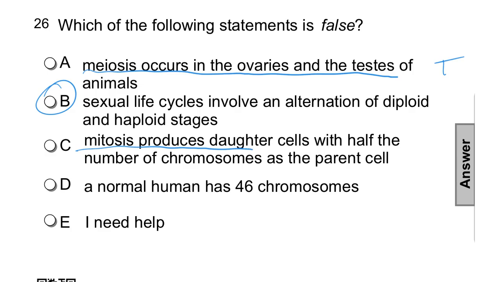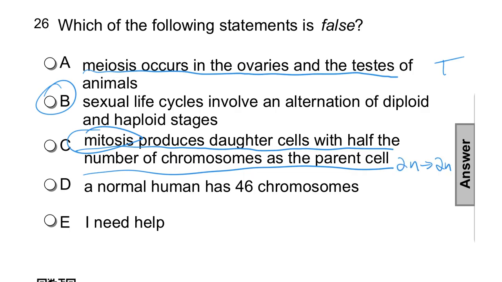Mitosis produces daughter cells with half the number of chromosomes as a parent cell. No, mitosis is 2N to 2N. A normal human has 46 chromosomes. That's true. This guy is false right here. So letter C is the right choice.